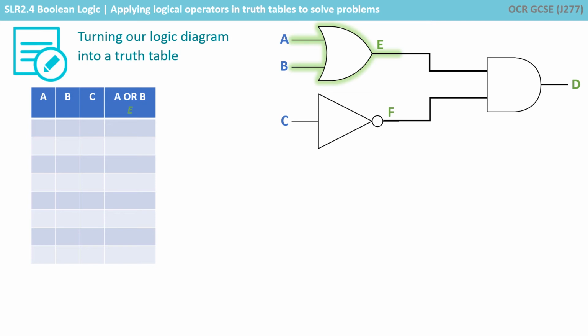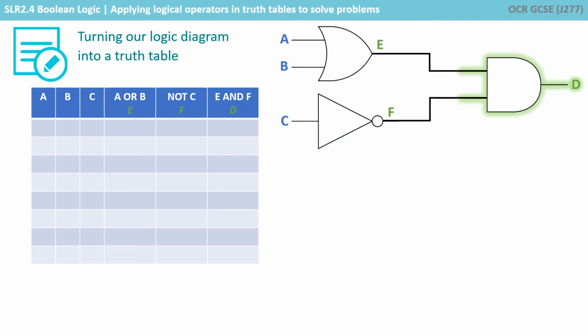So we've got the output of A OR B, and we're going to call that E. And of course that will end up being one of the inputs to our AND gate. In a similar way, we have the output of NOT C, and we're going to call that F, which becomes the other input to our AND gate. And then finally, we have our output D, which is the result of E AND F.